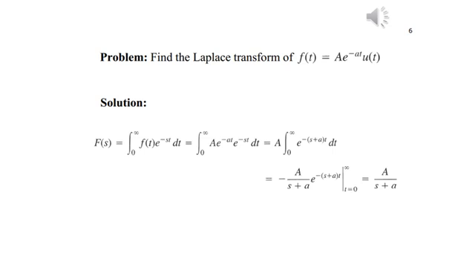So this is an absolutely summable function, and we know that e raised to the power minus alpha t is a convergent function. It is not going to expand, it is going to decay. When it is multiplied by e raised to the power minus st, which is also a convergent function, the product of these two convergent functions will make a convergent solution at the end, and it will be absolutely summable. That's why we can find out the Laplace transform.